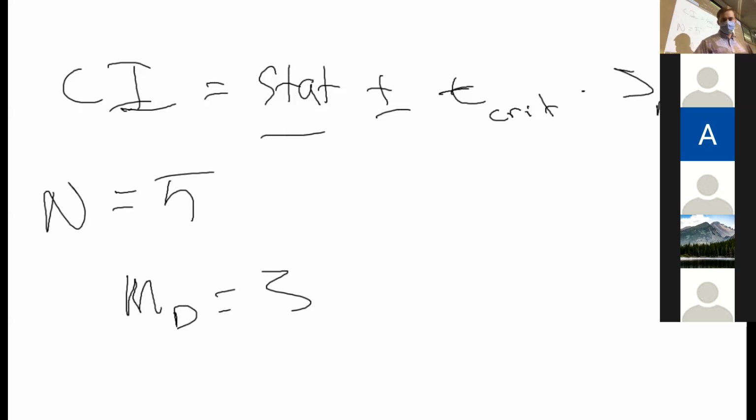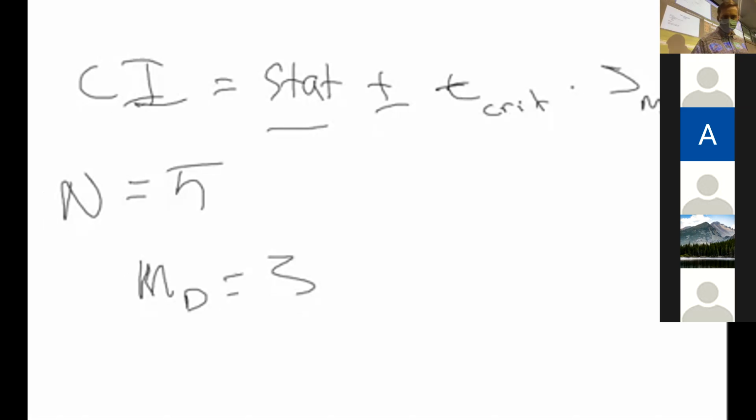Let me look this up real quick. T-distribution table. All right, so if we have 4 degrees of freedom, it's going to be 2.77.